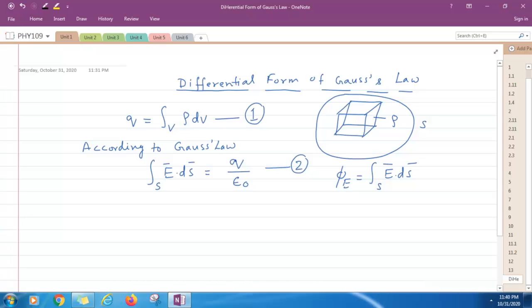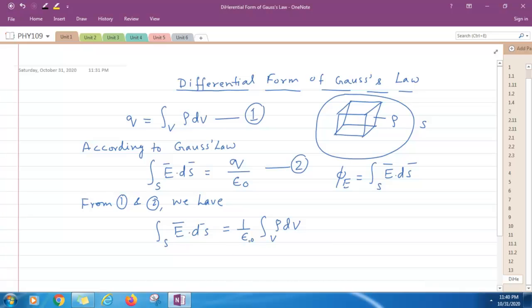Now substitute the value of Q from equation 1. We have surface integration E dot ds is equal to 1 by epsilon naught volume integration rho dV.